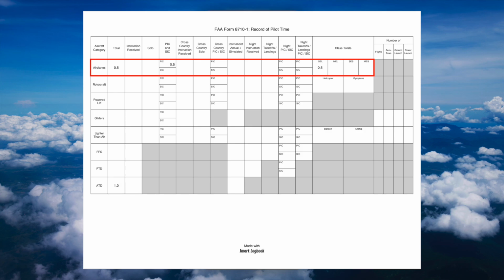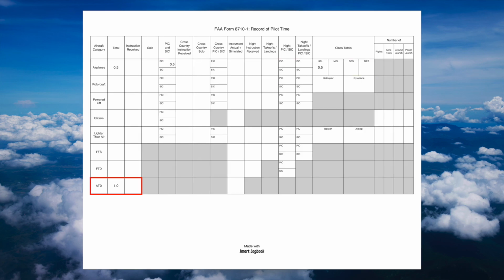The simulated time is actually going to show up here at the bottom, here in the ATD row. Now this is why, as I mentioned earlier, it's often useful to create a simulator model and to specify what that is, whether that's an FFS, FTD, or ATD. And this is one of the reasons why: for printing reports such as this, where those times are kind of broken out this way.